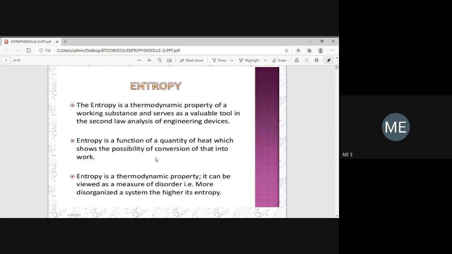Entropy is a function of a quantity of heat which shows the possibility of conversion of that into work. The second law of thermodynamics mainly deals with the direction of flow of heat transfer. As we studied, according to the Clausius statement, heat never flows from a lower temperature to a higher temperature.